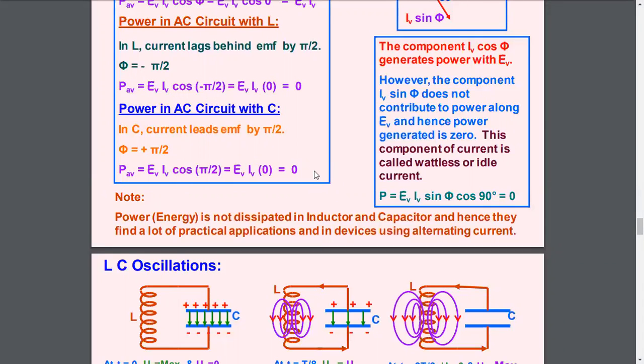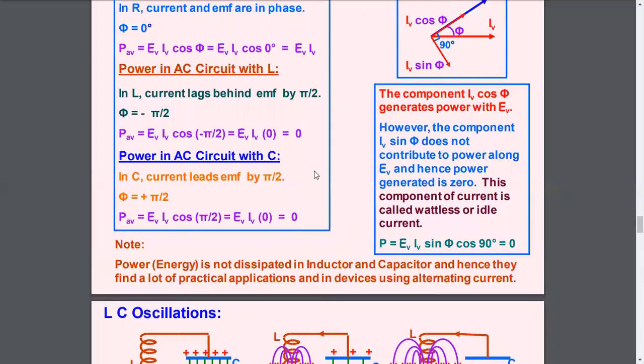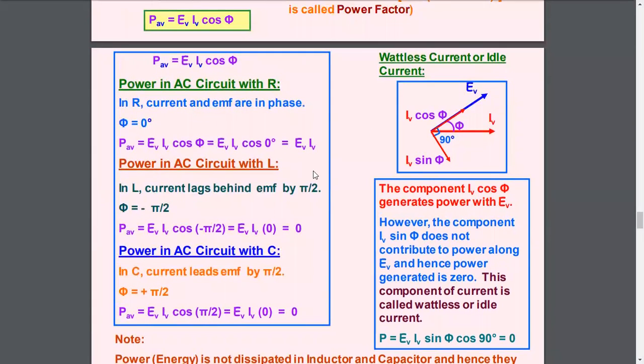So we have concluded that if we observe the inductive, capacitive and resistive circuits individually, power is dissipated across the resistor only, and no power is dissipated across the inductor or capacitor.